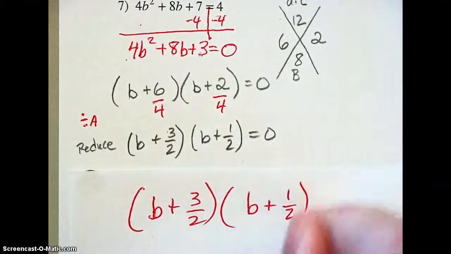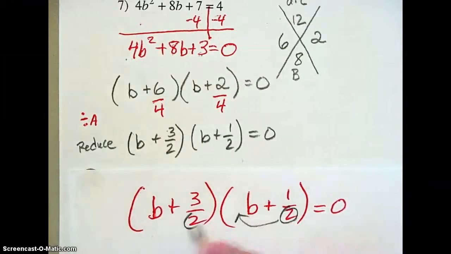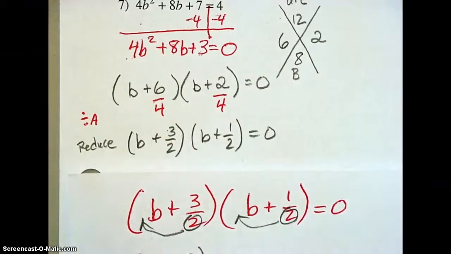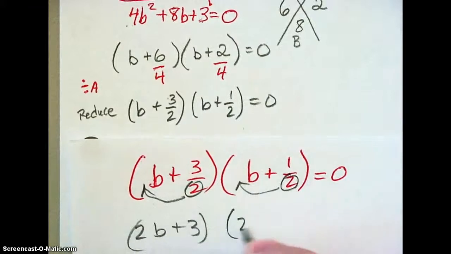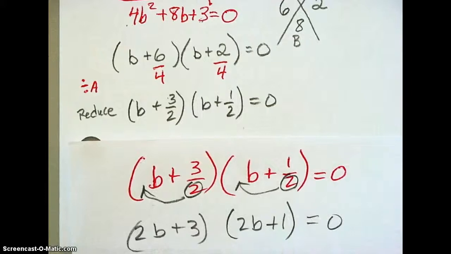What number did we move? The denominator. The denominator we moved out front. Everyone remember that? Okay, and so that gave us 2b plus 3 and 2b plus 1. And then we went through and solved, right?